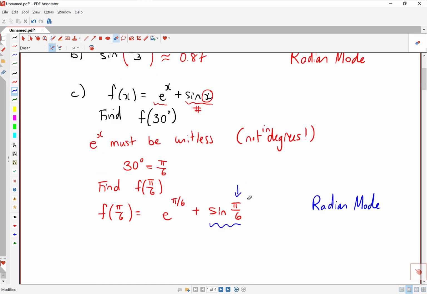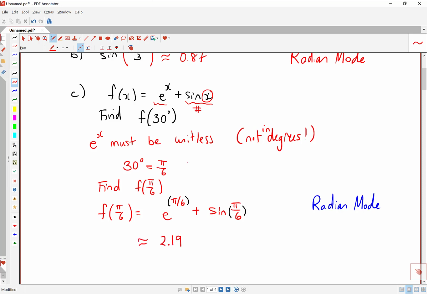Okay, and then just for the sake of the calculator, on most calculators you will need to bracket when you're putting something into an exponent or when you're putting something into a trig function. So although we don't mathematically write those brackets down, when you're putting it into your calculator, you would want those brackets. So being in radian mode, typing in e to the pi over 6 plus sine of pi over 6, you should get about 2.19.